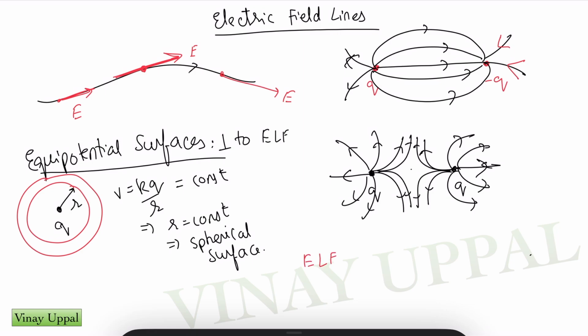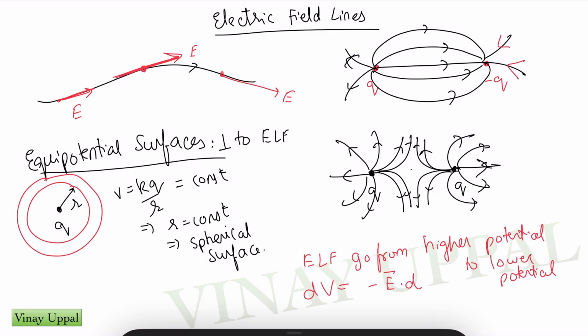Electric lines of force go from higher potential to lower potential. Something that we should remember. This is due to the fact that the change in potential is given by minus E dot dr. If dr is a displacement along the E vector, if you choose to travel along the electric field vector, you can see that dV will be negative because E dot dr will be positive.